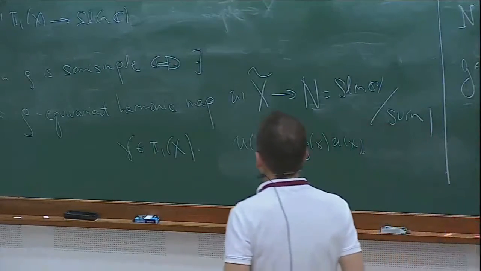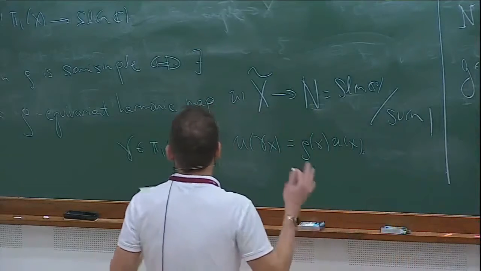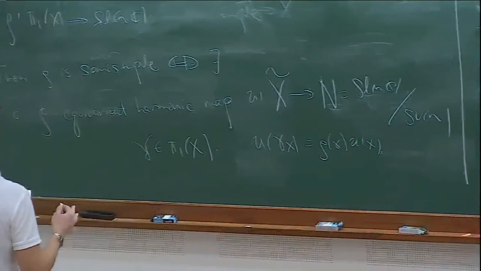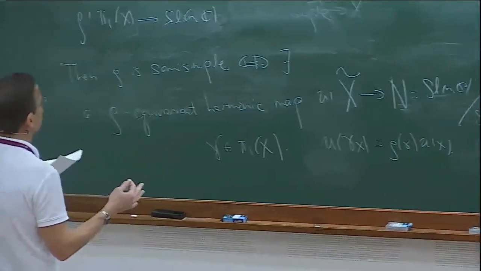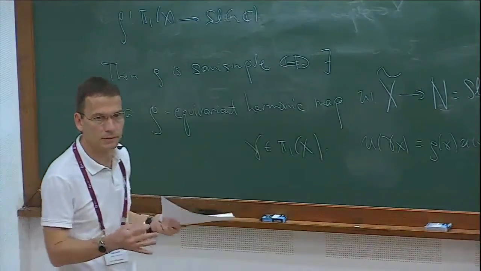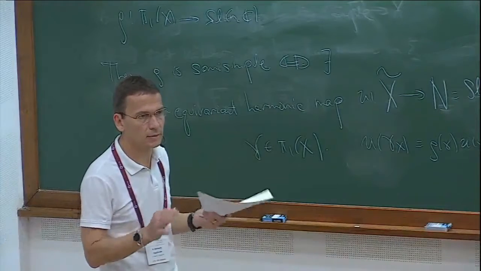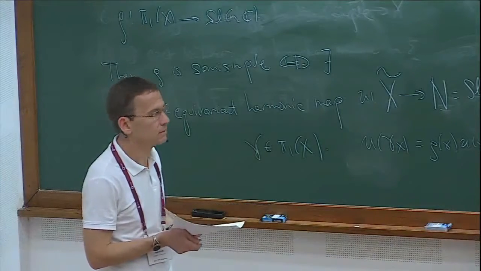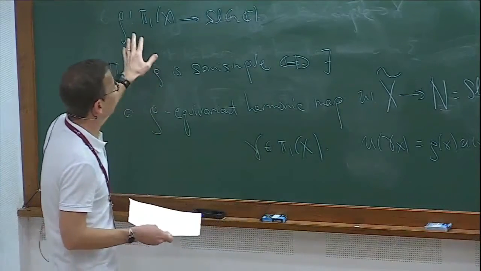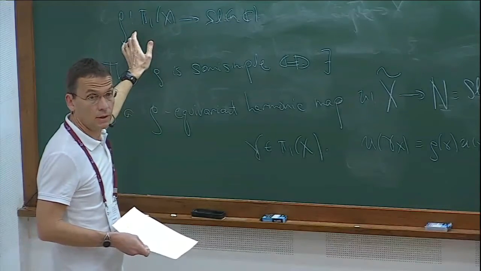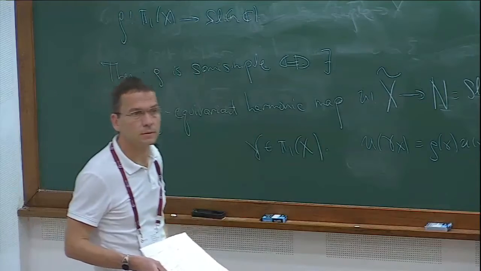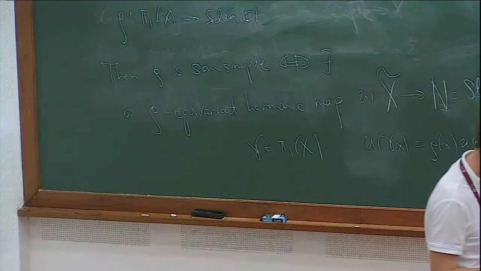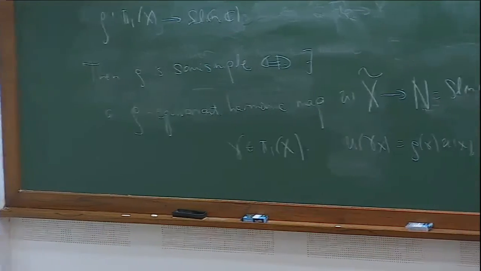So I start out with the trivial bundle. If you like, just take E to be the trivial bundle. So I'm thinking of this as being equivalent to a flat connection on a smooth vector bundle on X, which we may as well assume is the trivial bundle.